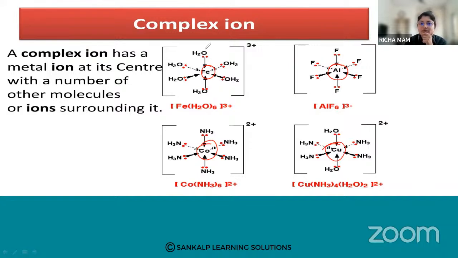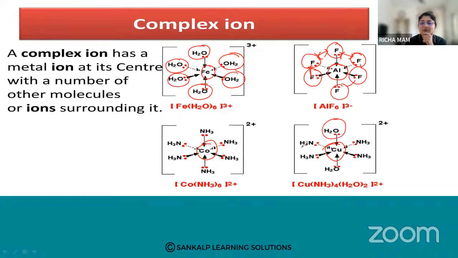The ligands attached to the central atom are in a proper geometrical manner. You can see how they are arranged, right? The distance between each ligand is the same, so they are arranged in a proper manner.